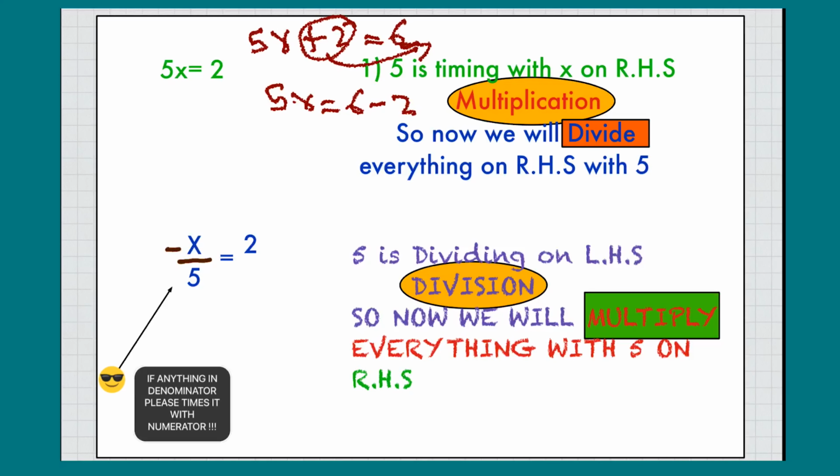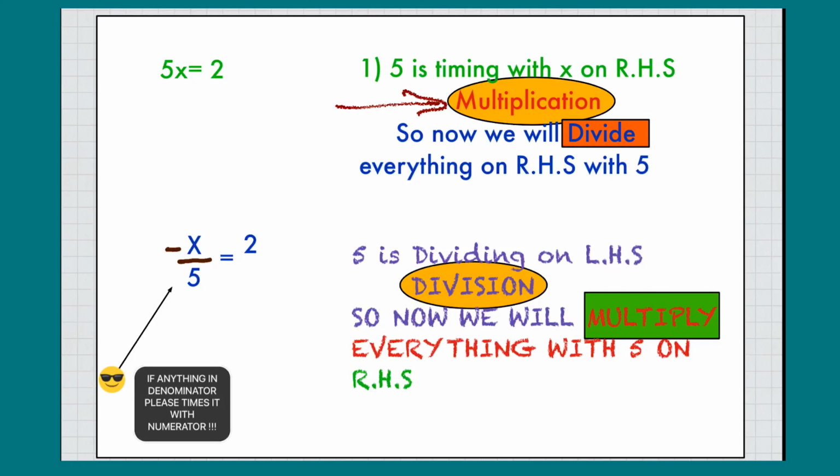Now here 5 is multiplied with x on the left hand side. So what we need to do, if multiplication is taking place, is divide by that number on the right hand side. So 5x equals 2.